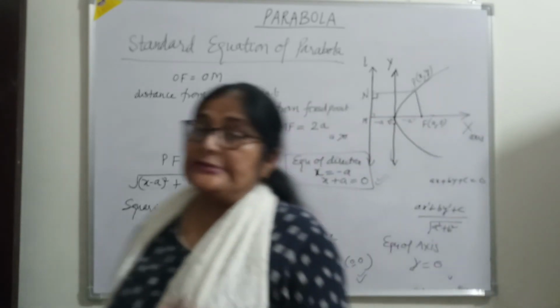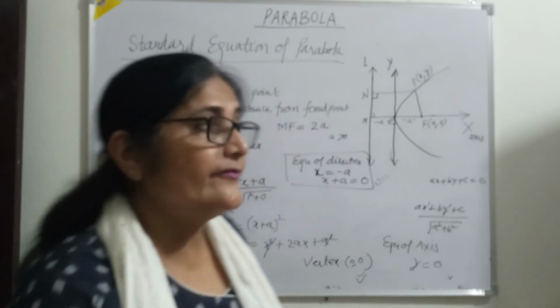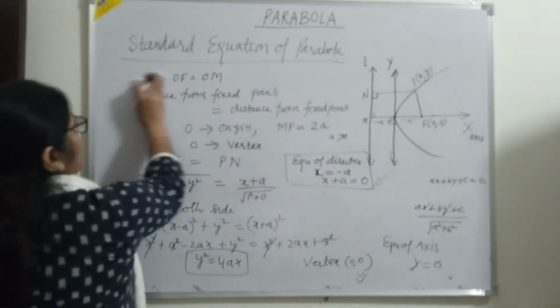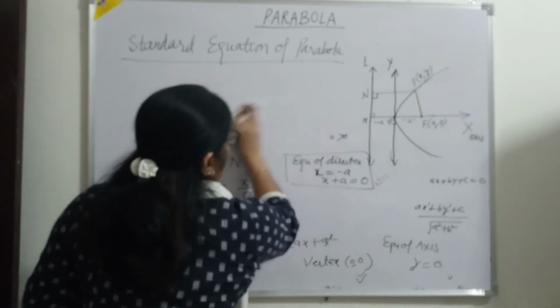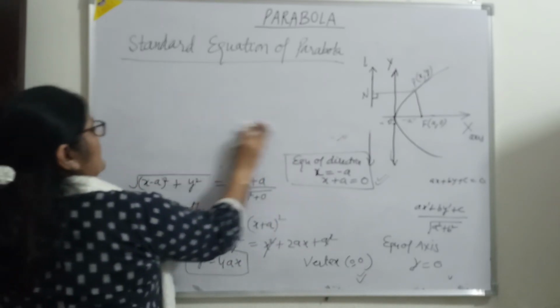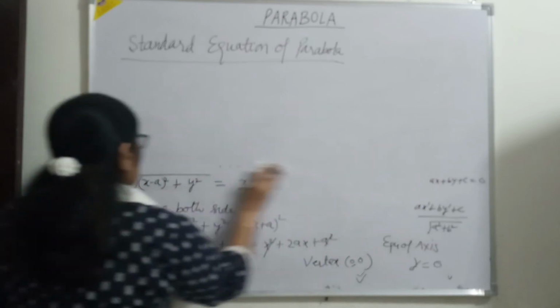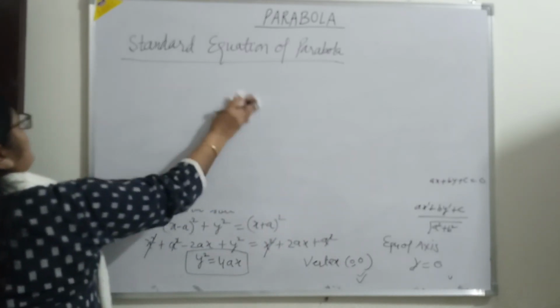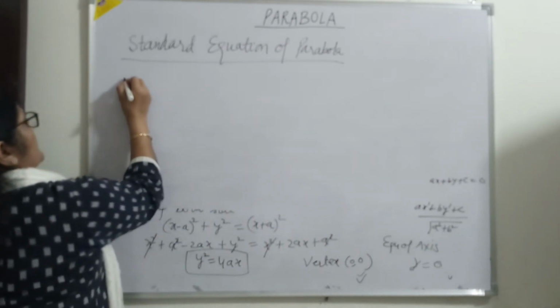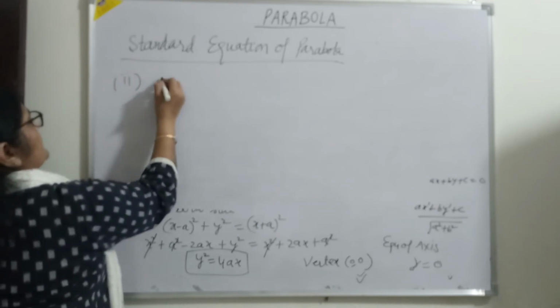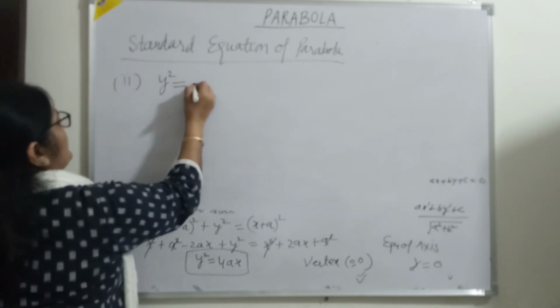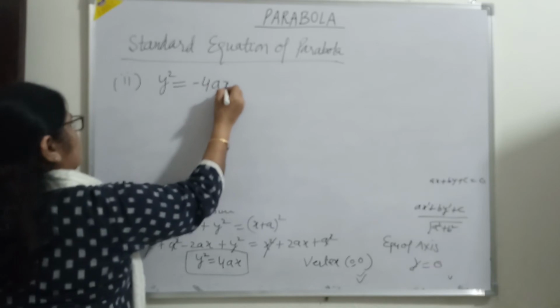There are three other standard forms also. The second form is y² = −4ax.